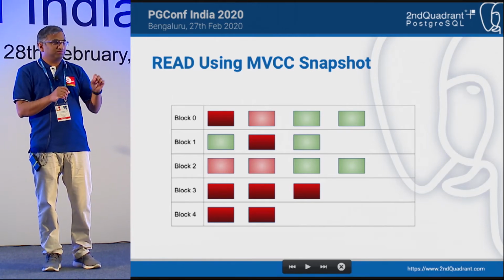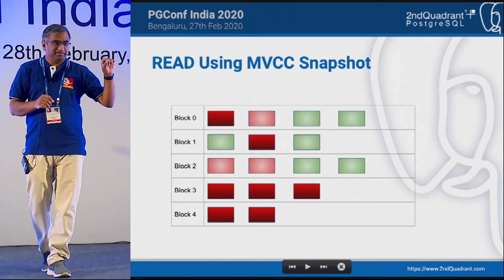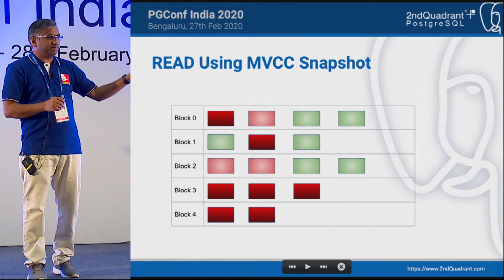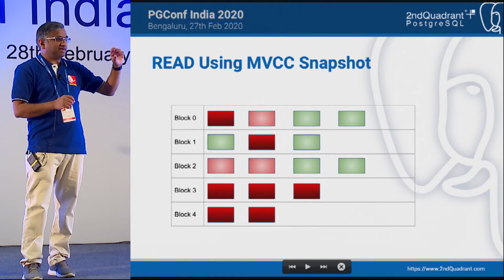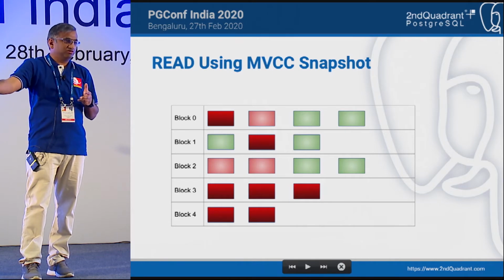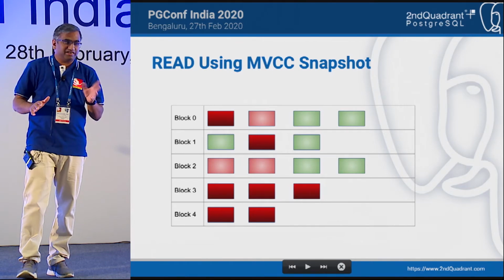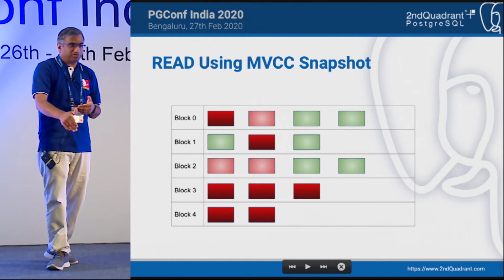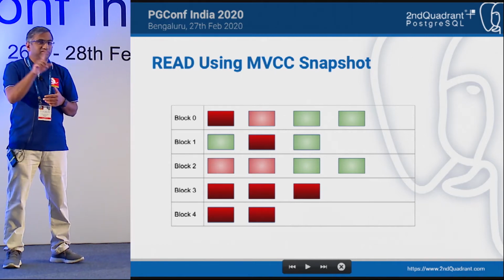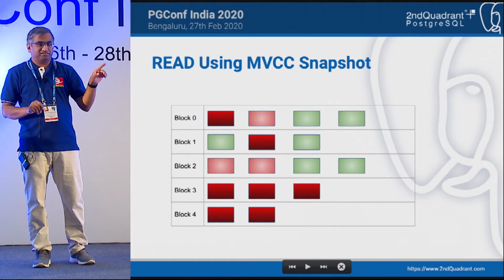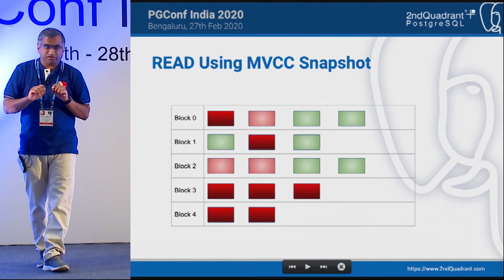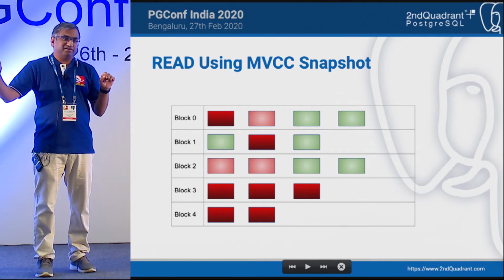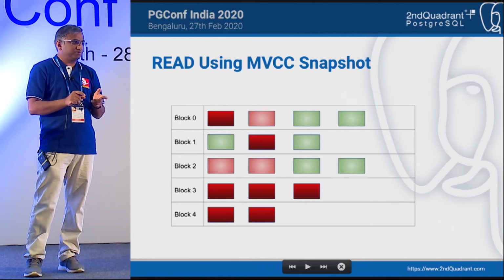So even though the transactions which deleted those rows have committed, which means those light red boxes at some point would turn into dark red boxes, at this given point there might be queries in your database which can still read those.